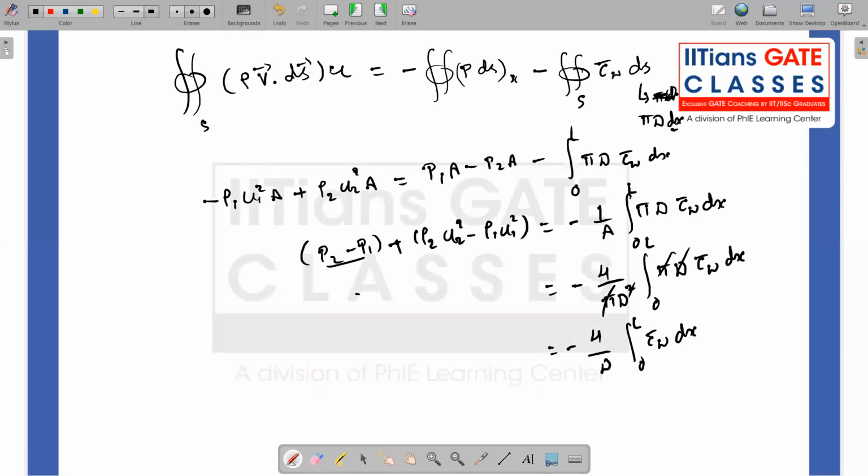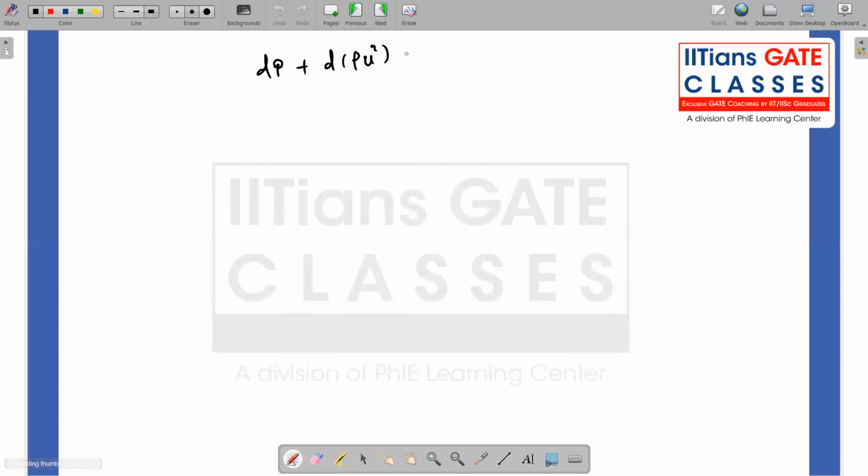This is dp, the small change in pressure, plus d of rho u square, this one and this one. I'm just getting rid of the integral, which is equal to minus 4 tau w divided by d times dx, over the small length dx. That's what we are integrating.